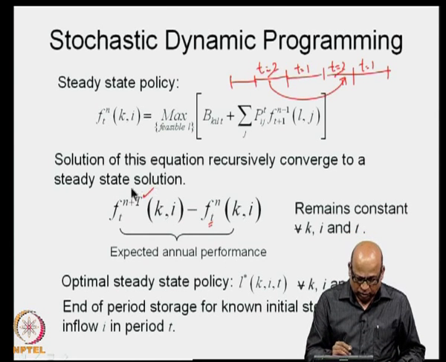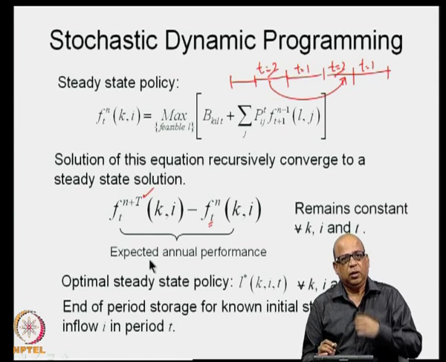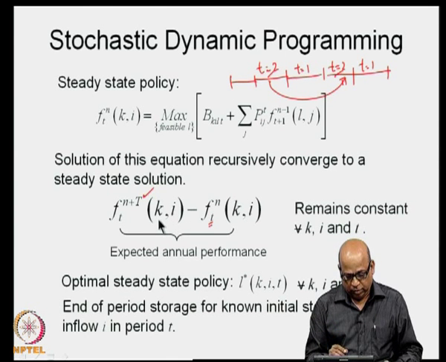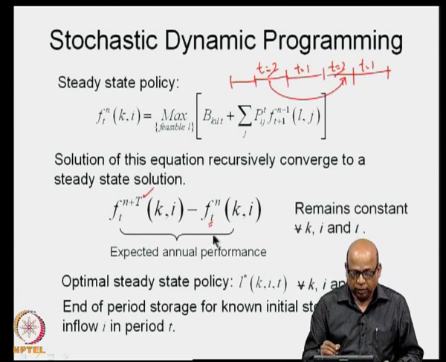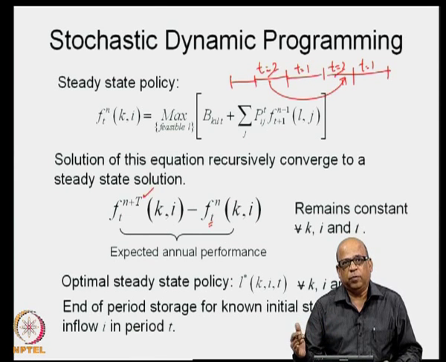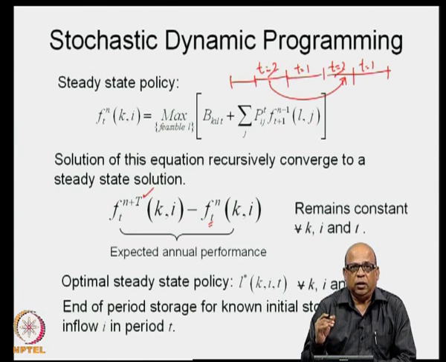When the expected value of annual system performance remains constant for all given k and i, and also for all time periods t, it reaches a value that will not change further within certain limits. In such a situation, we say that the steady state has been reached.